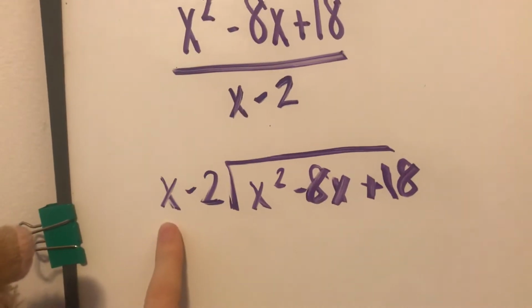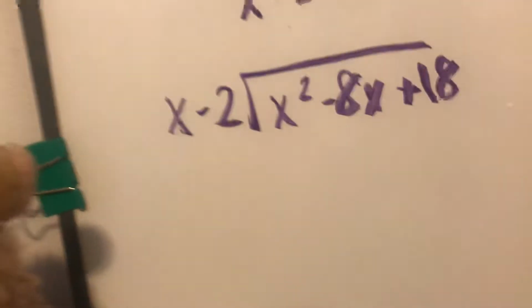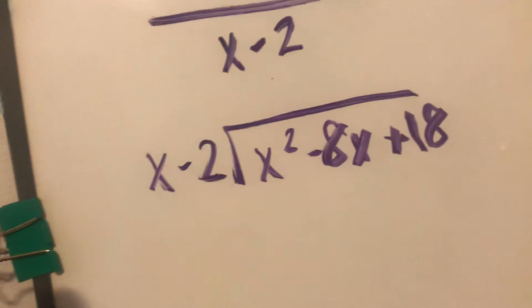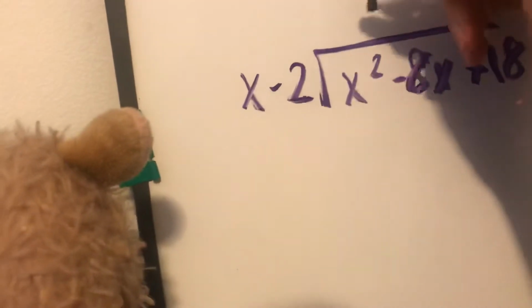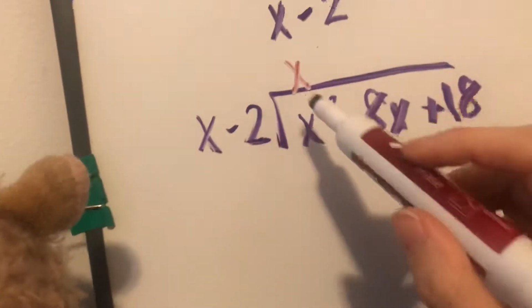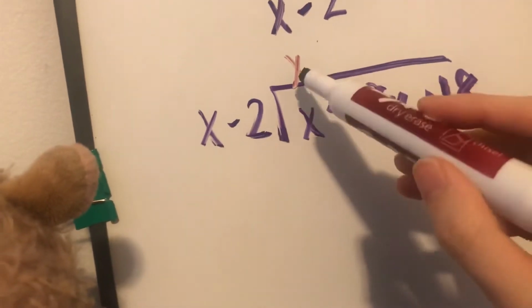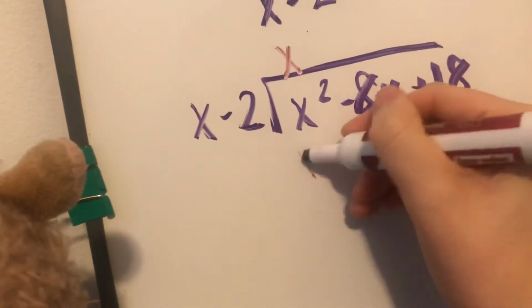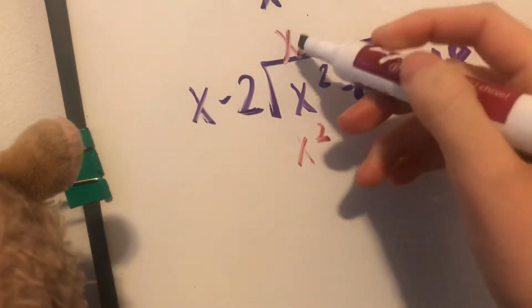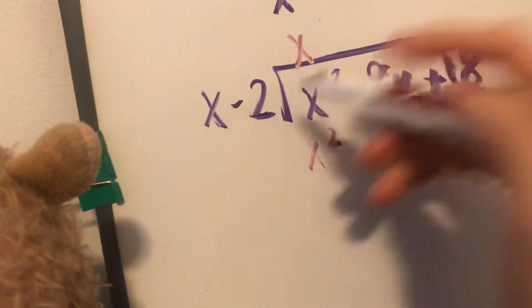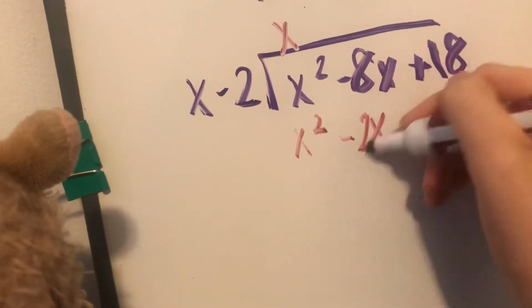Well, I have one x here. I need to multiply that by, I've changed colors for you guys, another x in order for that to happen. Again, you're distributing this to both of those terms here. So x times x will give me that x squared.